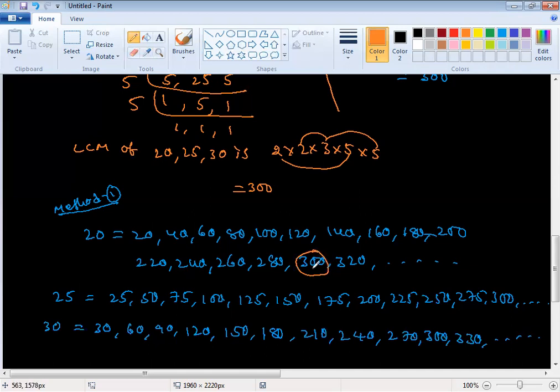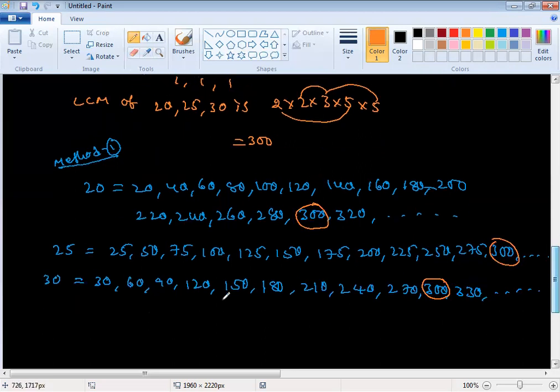See, 300, 300, 300. Before 300, you will not get any common multiple. You can check. So that's why the LCM of 20, 25 and 30 is 300. So this is the solution, and these are the methods to find the LCM of the given numbers.